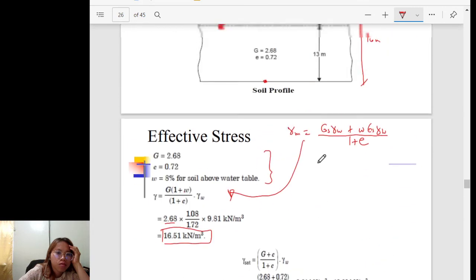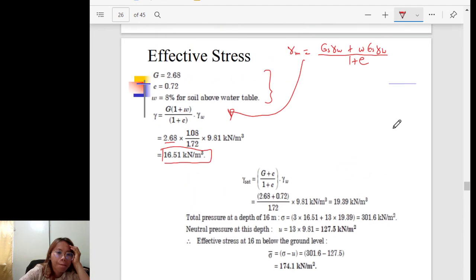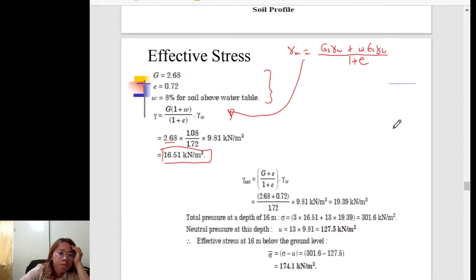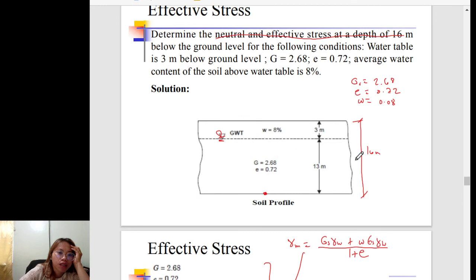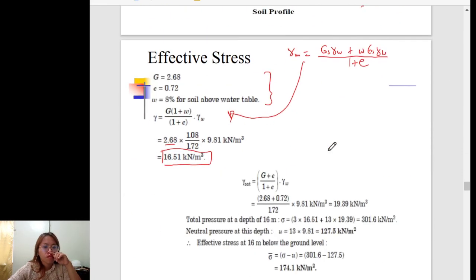So to get the saturated unit weight of this soil, since this layer is saturated, you should not use the moist unit weight here. Instead, you should use the saturated unit weight because the pores are filled with water.